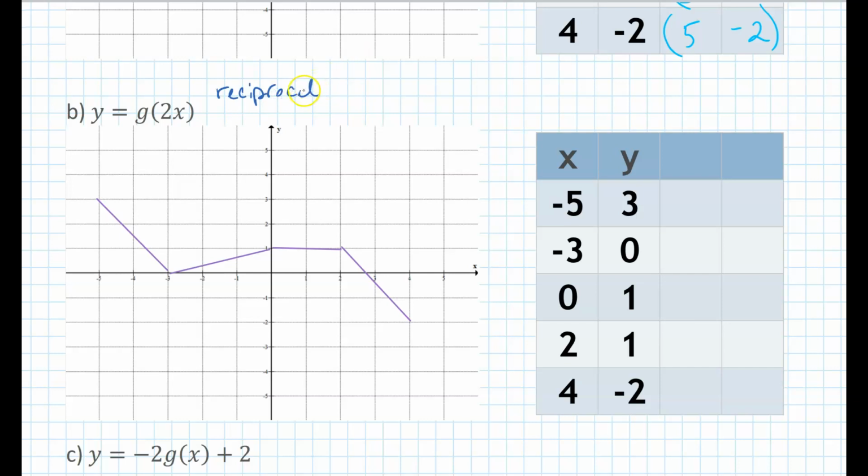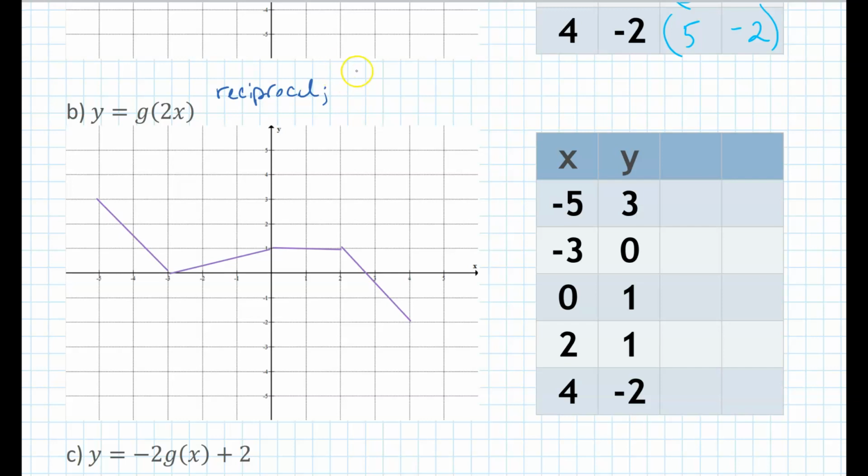Then why isn't it just multiplied by 2? Because it's happening on the x, and I always just think the x's are complicated, right? Everything is opposite. When we're doing horizontal shifts, it's the opposite direction. So that's why. When you're affecting the x's, you have to multiply by a reciprocal. Everything's just sort of opposite.